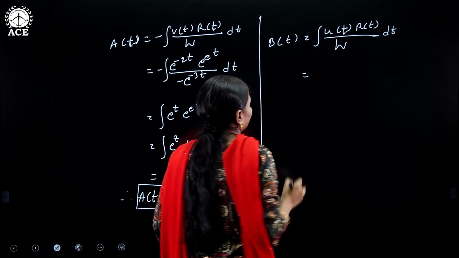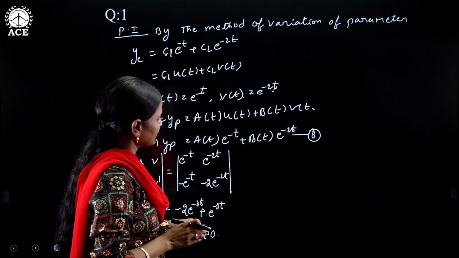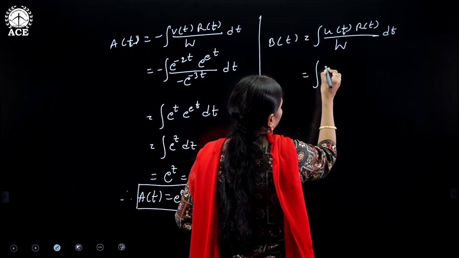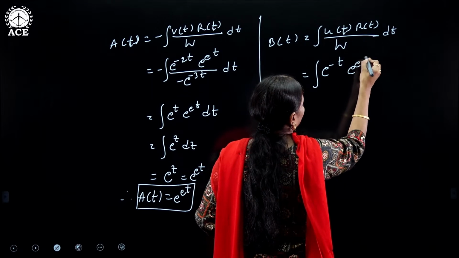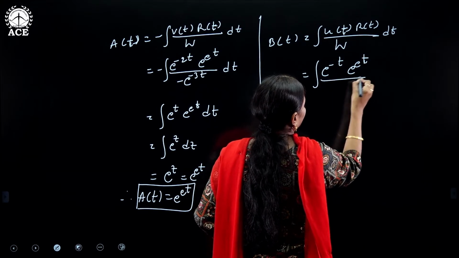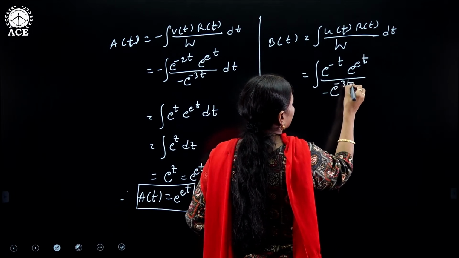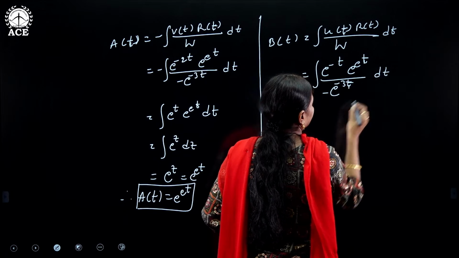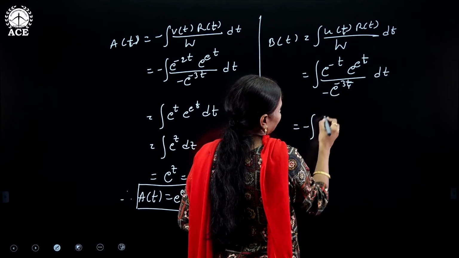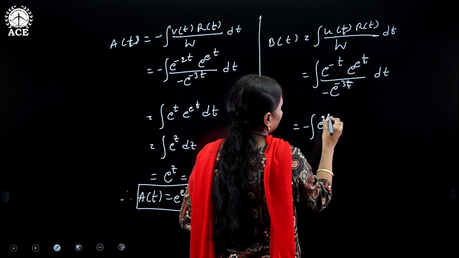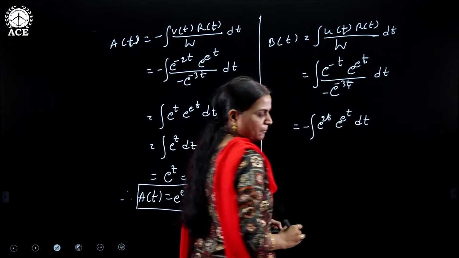U of t is equal to e power minus t, so e power minus t into r of t, where r of t is e power t, divided by w, which is minus e power minus 3t, into dt. This can be written as minus integral e power minus t plus 3t, so that is equal to e power 2t into e power t into dt.